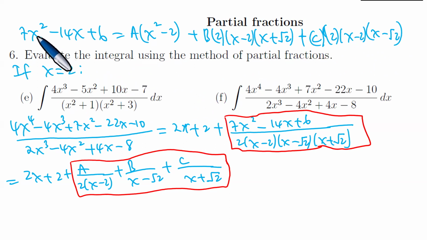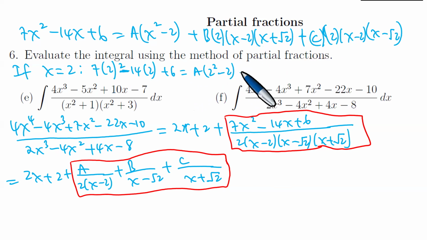If x is 2, you put 2 here: 2 squared minus 14 times 2 plus 6. Then it's going to be 2 squared minus 2, which is 4 minus 2, giving us 2A.